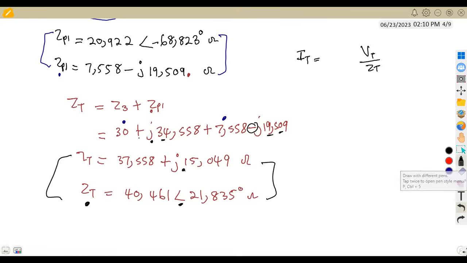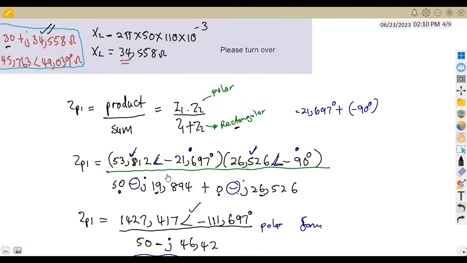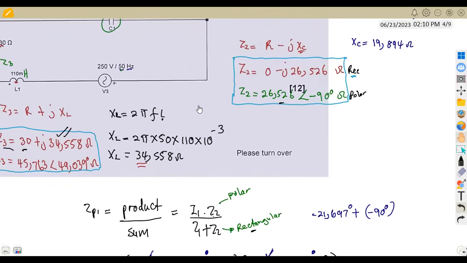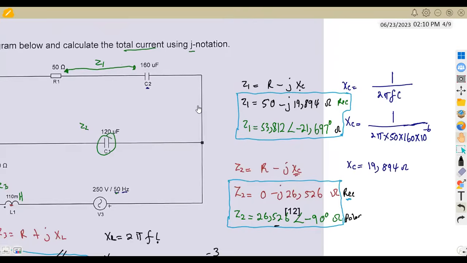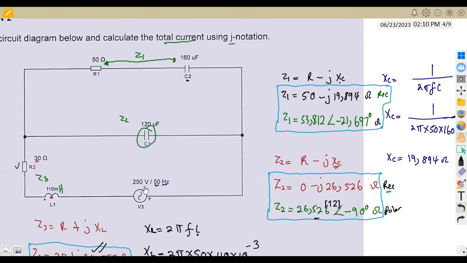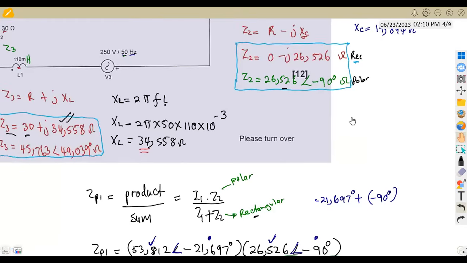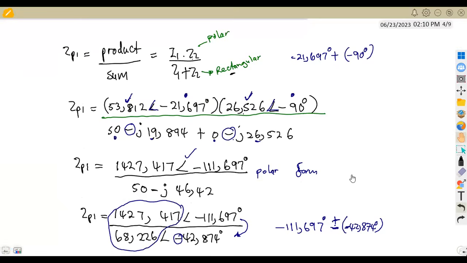That is the best way for us to divide. If we have this in polar form, that means we are now having the final answer. So let us consider our VT, the total voltage here. According to our circuit, our V is at 250 volts. The angle is 0 degrees. So we're going to take 250 at an angle of 0 degrees.